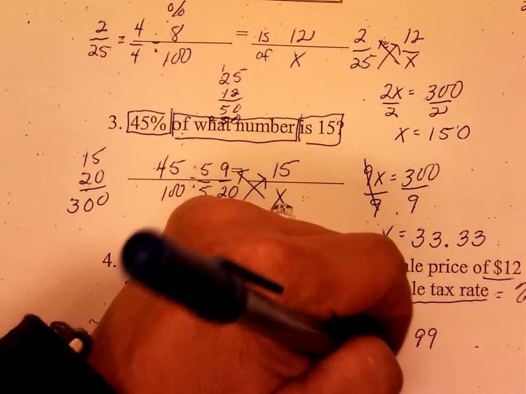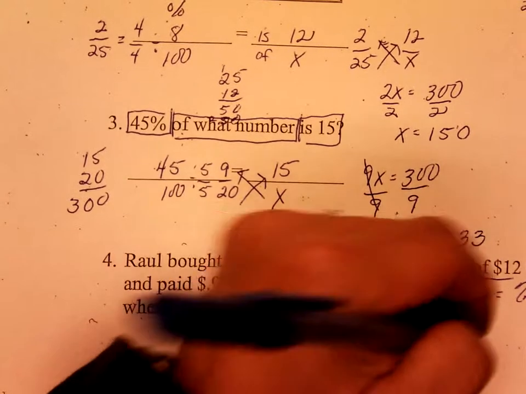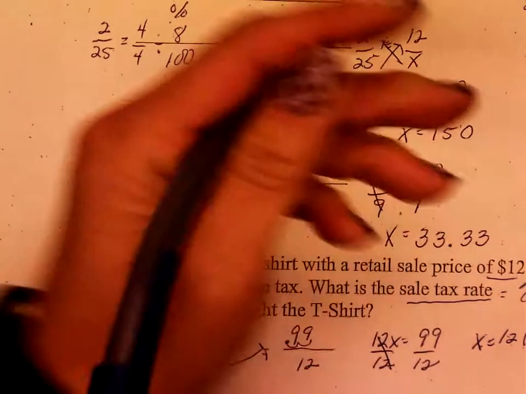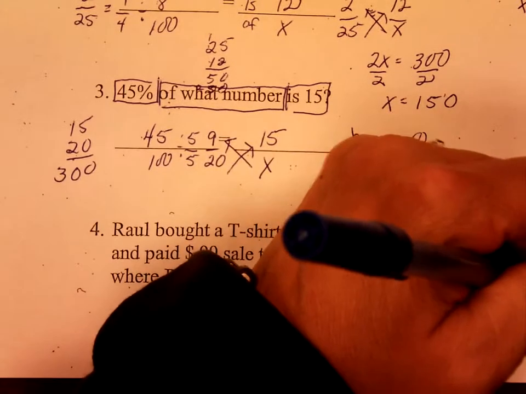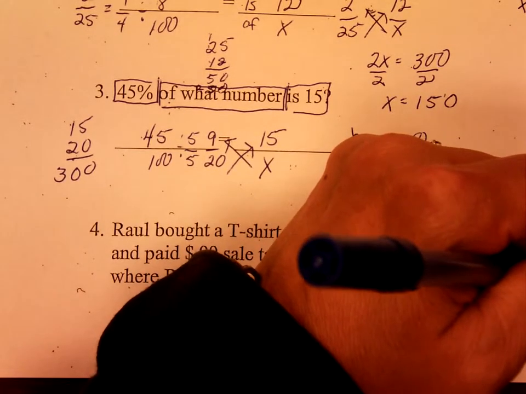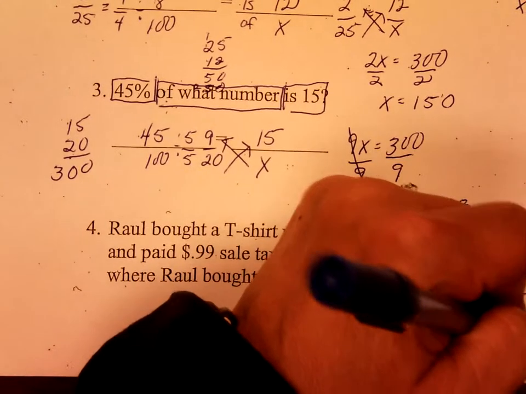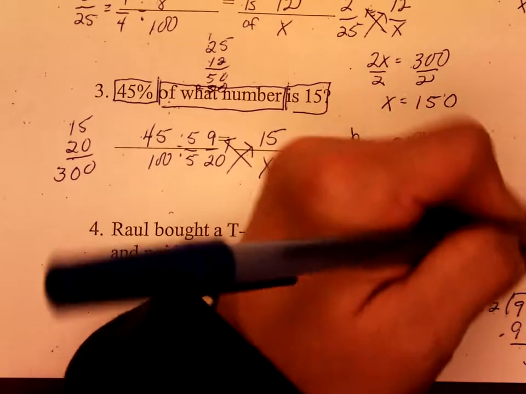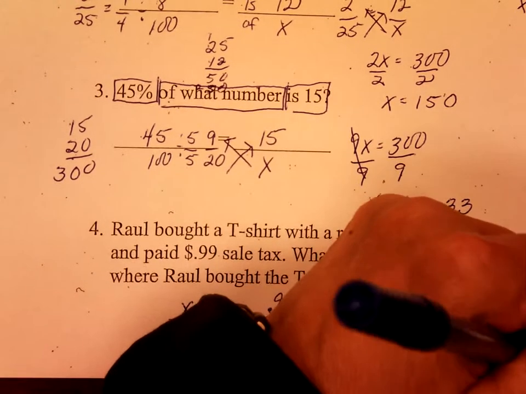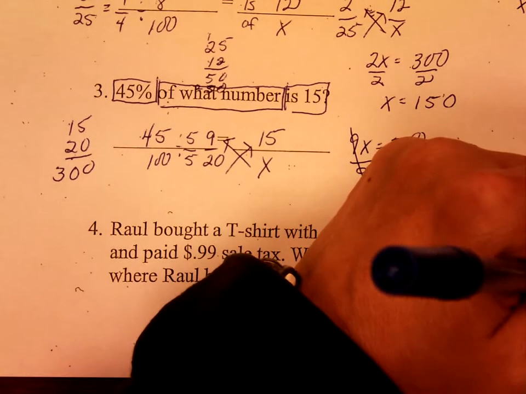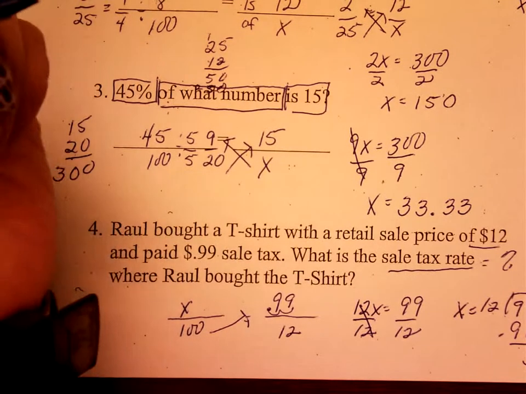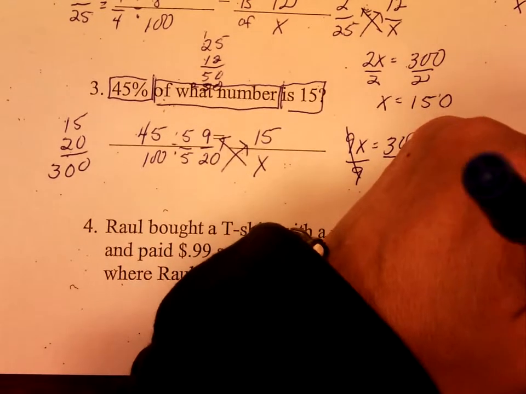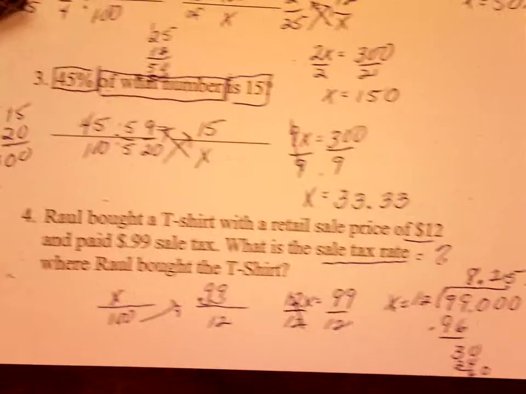Divide by 12, and x is equal to, 12 goes into 99, let's see, 8 times, which would be 96, subtract, it's 3, add your decimal and 3 zeros. 12 goes into 30 twice, which is 24. 12 goes into 60 5 times. So your sales tax rate is 8.25%.